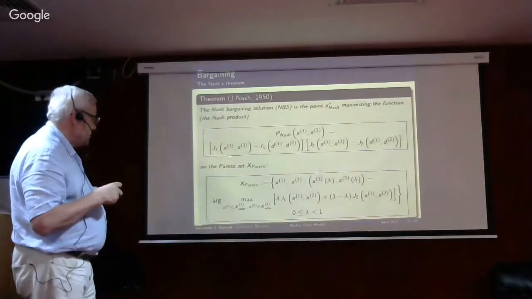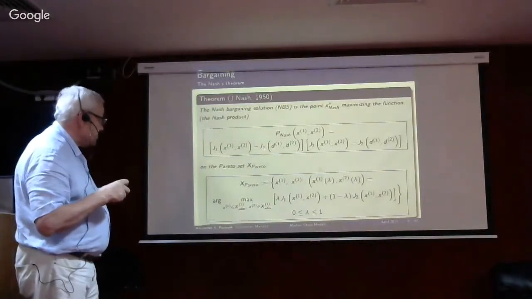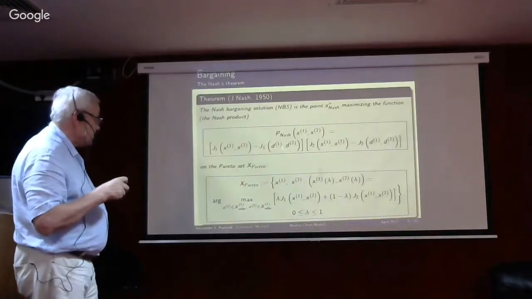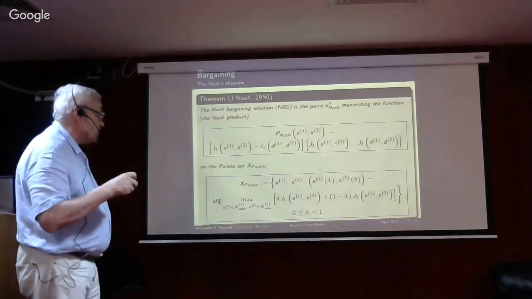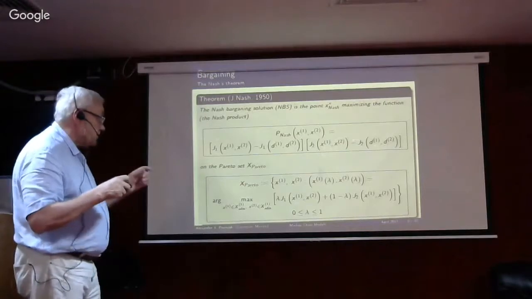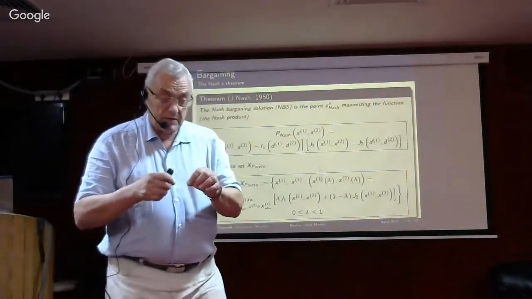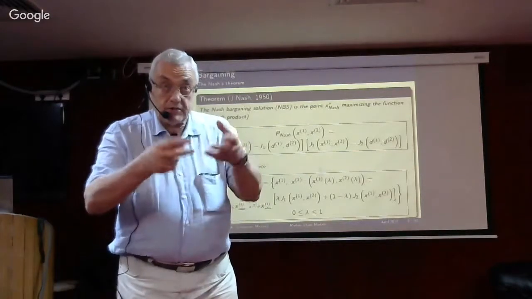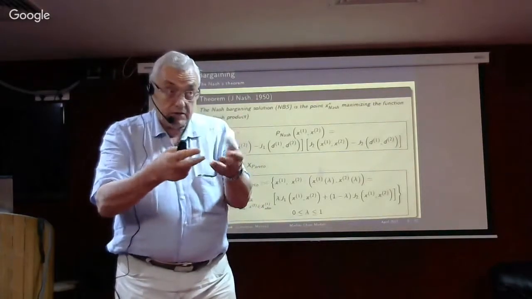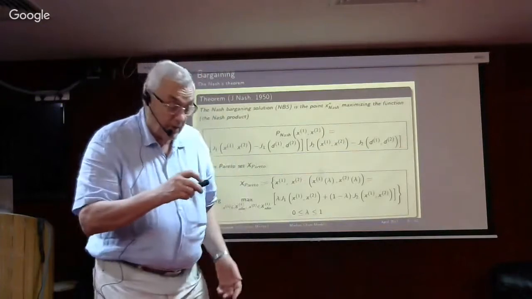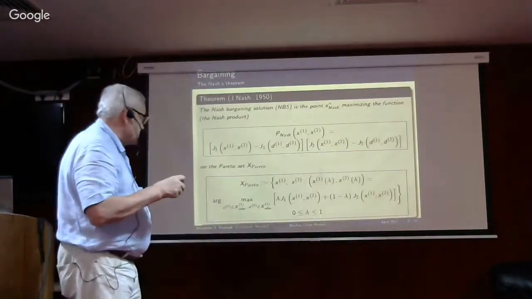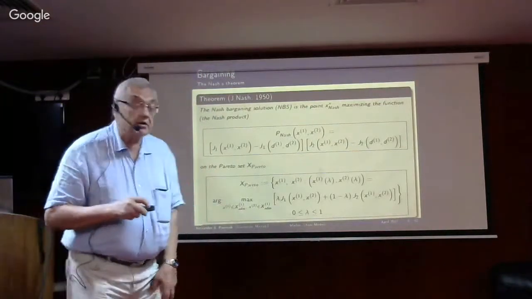This is the income of the first player minus the income of the first player at the disagreement point. Again the same for the second, because the point is disagreement and they wish to obtain more income than at the disagreement point.